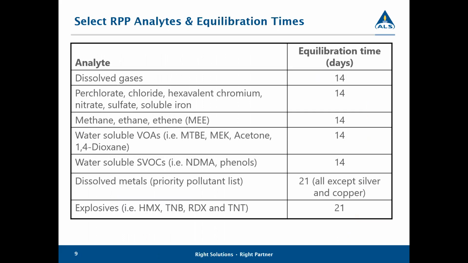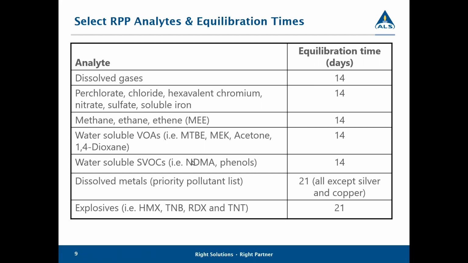This looks at some of the analytes that the RPP is able to sample for. So we're looking at dissolved gases. That's your methane, ethane, ethylene, perchlorate, chloride, hexavalent chromium, nitrate, sulfate, your soluble iron. 14-day equilibrium time is pretty standard.